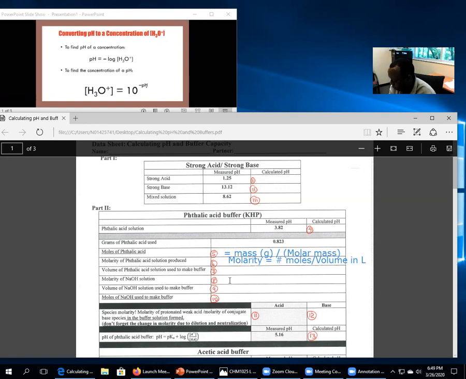Look at item 1B, part 2. To form your buffer solution, you need to convert 50% of the moles of phthalic acid present in your solution into sodium phthalate, the conjugate base of phthalic acid. To do this, measure out 20.0 ml of 0.100 molar NaOH solution.